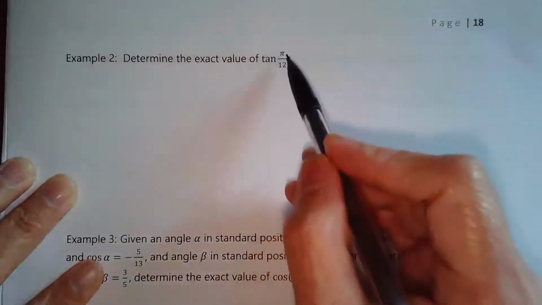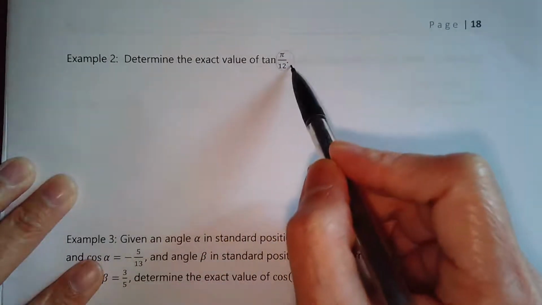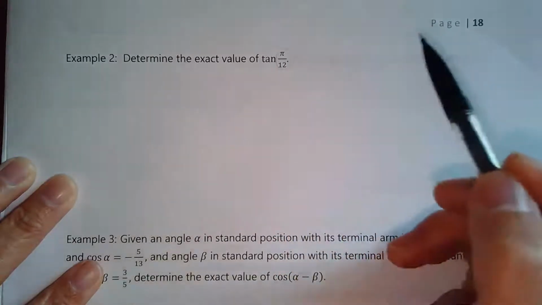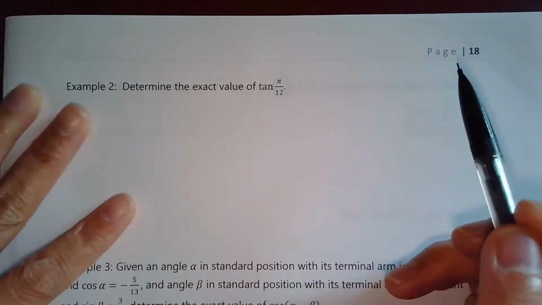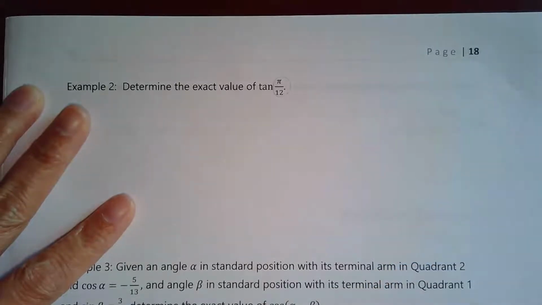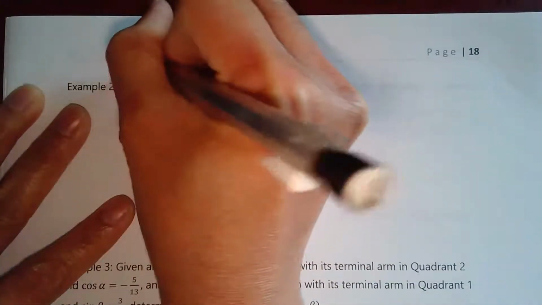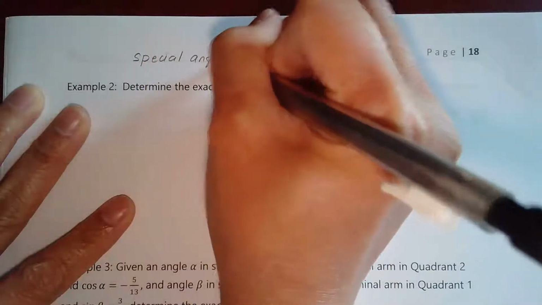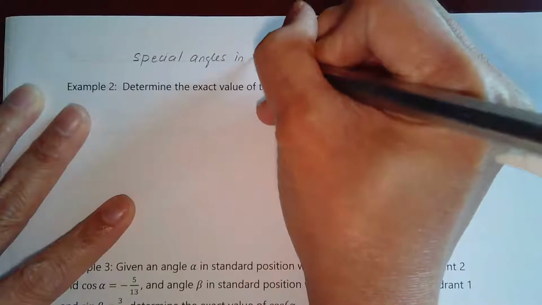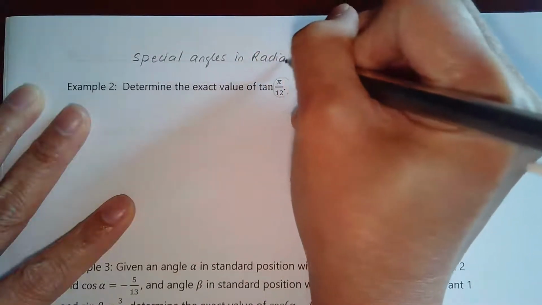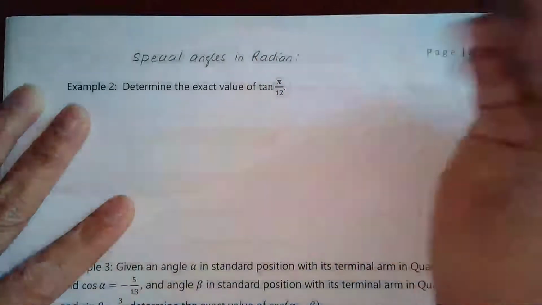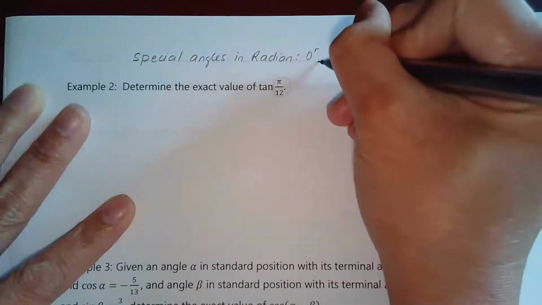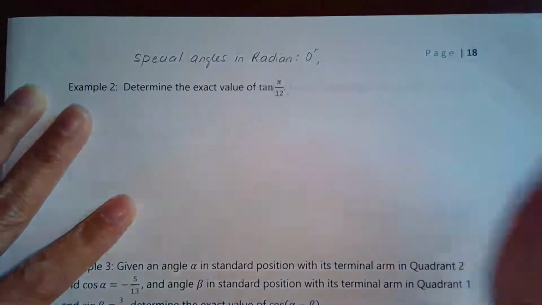Because this is in pi radians, not in degrees, we have to think about what the special angles are. So let's write it down over here. Special angles in radians: the very first one is 0 radians.